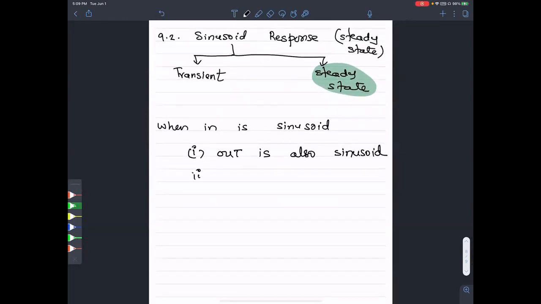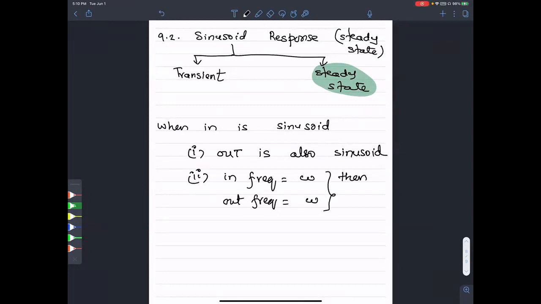Then when the input is a sinusoid of input frequency omega, the output frequency is also going to be omega.